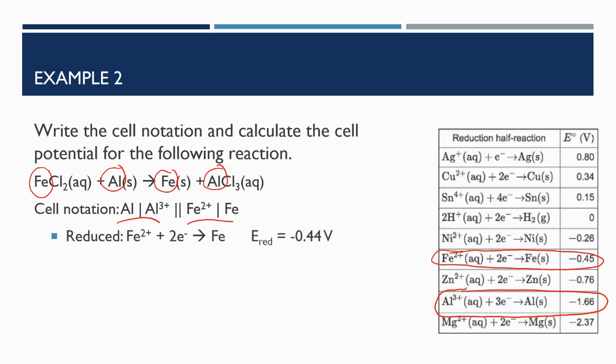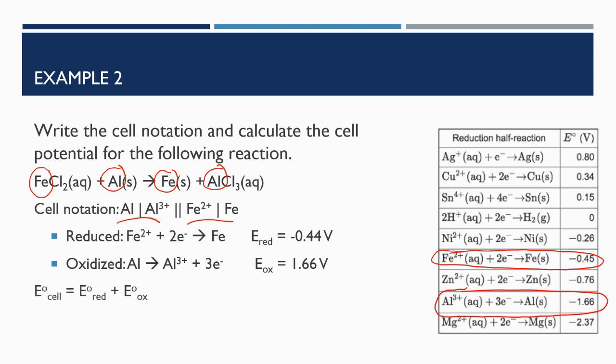So first, let's look at the reduction reaction. Iron 2 positive, gaining 2 electrons to produce iron, is negative 0.44 volts. When we flip the aluminum reduction, we get the aluminum oxidation, and that is a positive 1.66. So notice that the substance that is oxidized has a more positive value than the substance being reduced with a negative value.